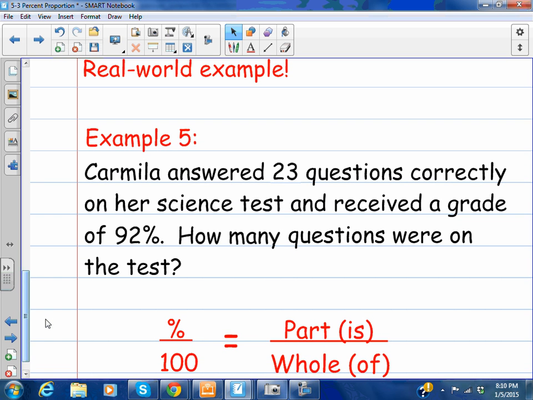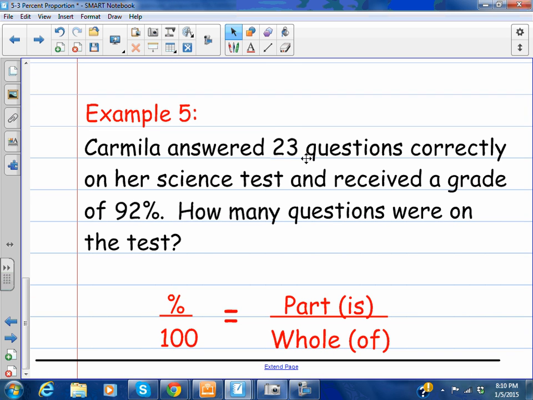Last real world example: in your book, check out the example that has answers, and then this is right below it on page 265. Camilla answered 23 questions correctly, so she got 23 out of her test score and received a 92%. So we're wondering how many questions were on the total test.